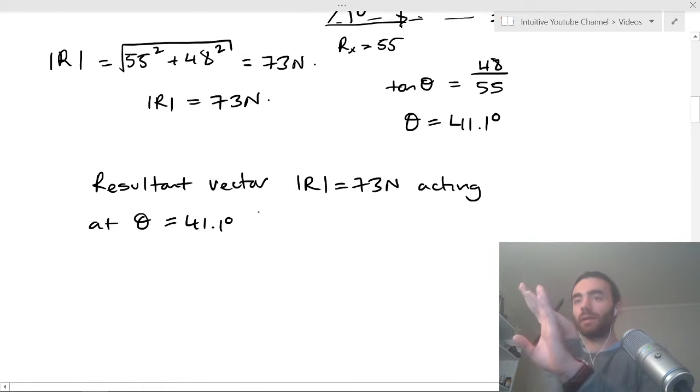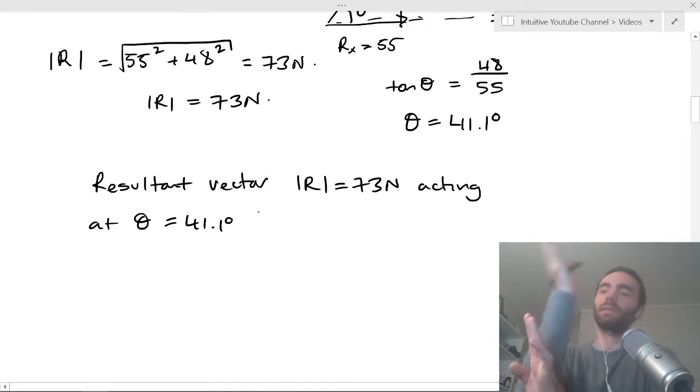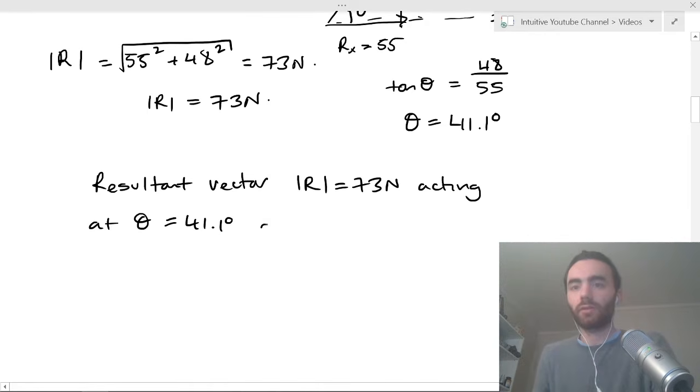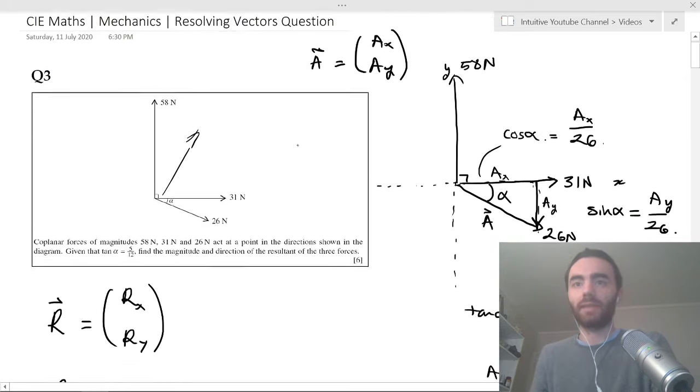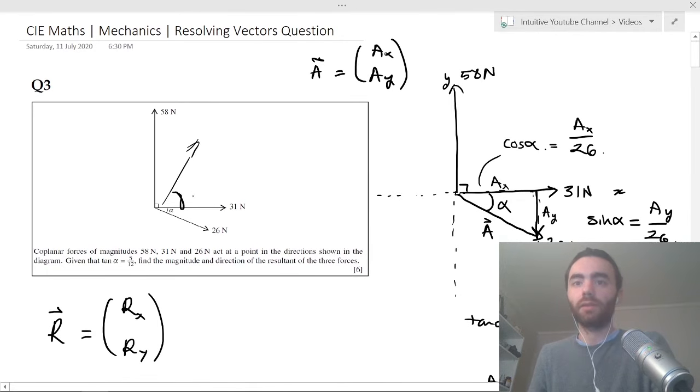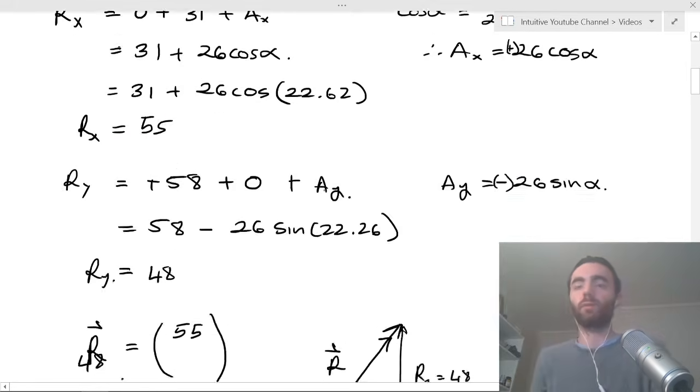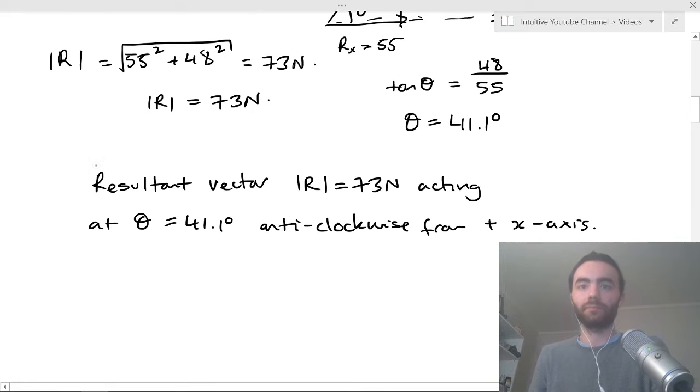You can say it's acting at 41.1 degrees anti-clockwise from the positive x-axis, right? Because it's acting here, and this angle here is 41.1 degrees. And then it's got a magnitude of R. It's acting from the positive x-axis, 41.1 degrees. And that's your answer.